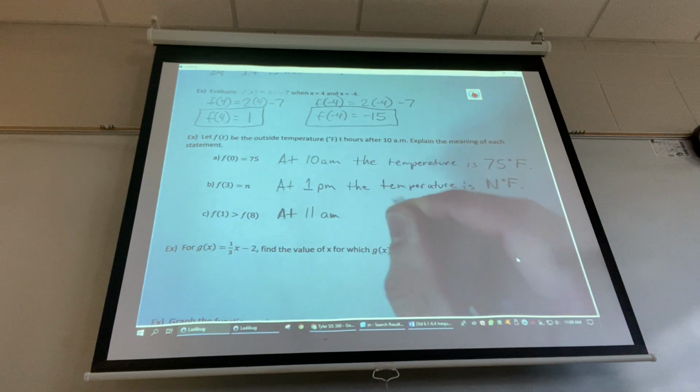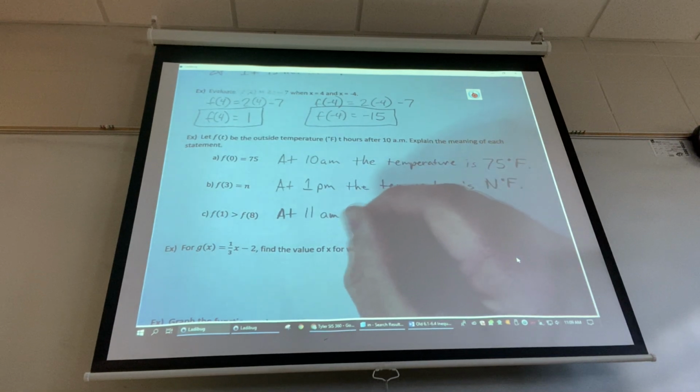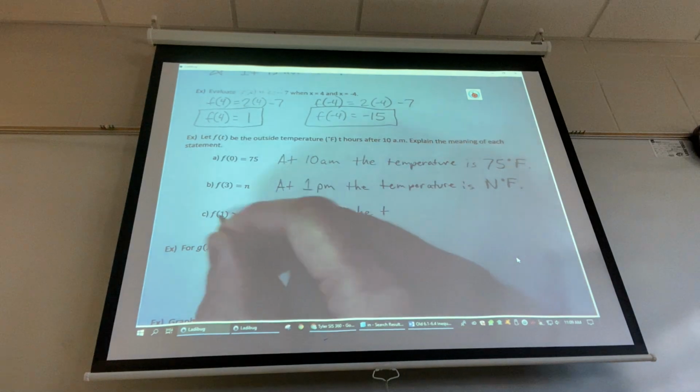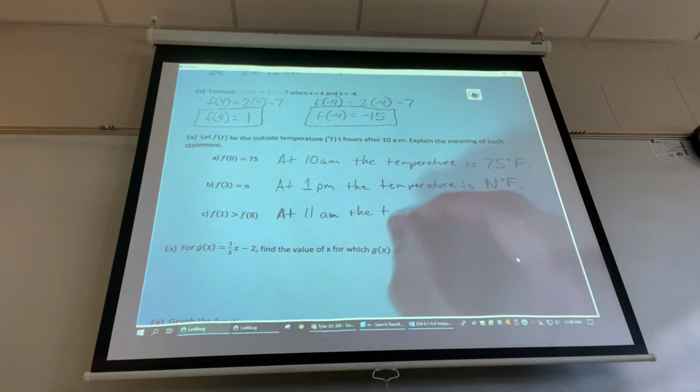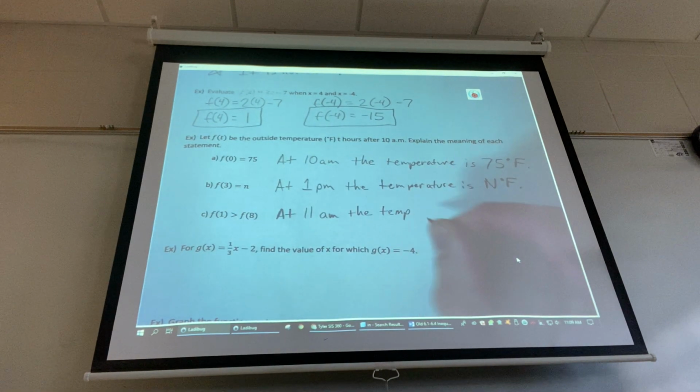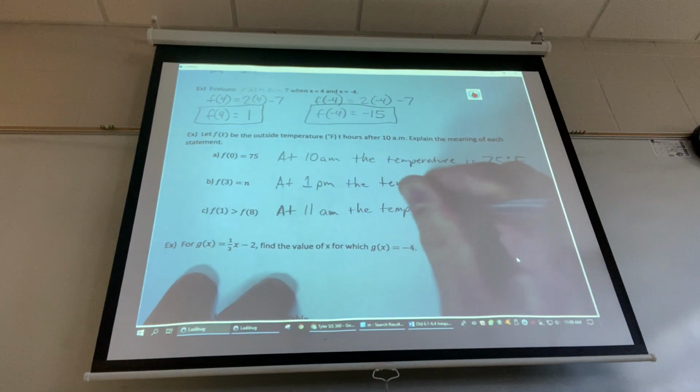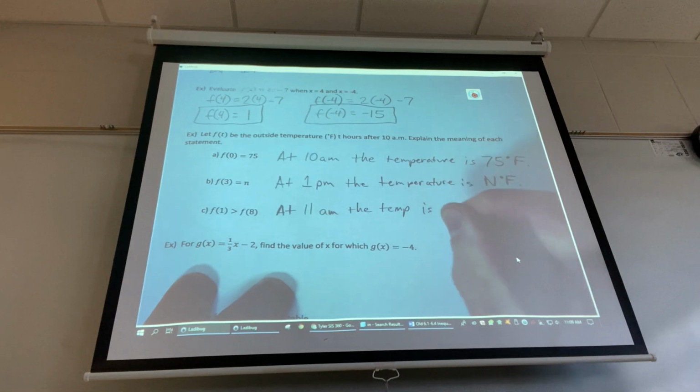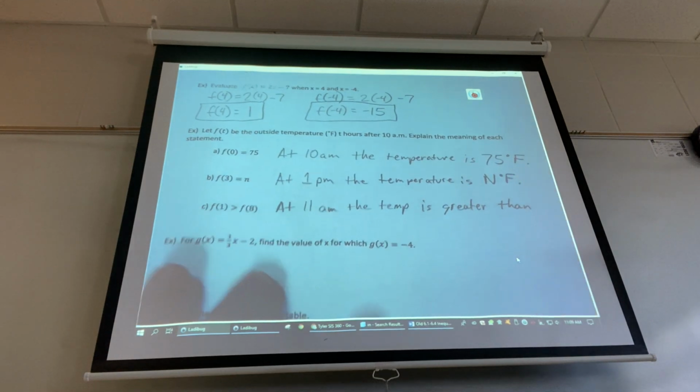The temperature, because that's what f is representing, right? Is greater than, I should write it out, because you never know. Now, you could say is warmer. You can get away with that. Is hotter.